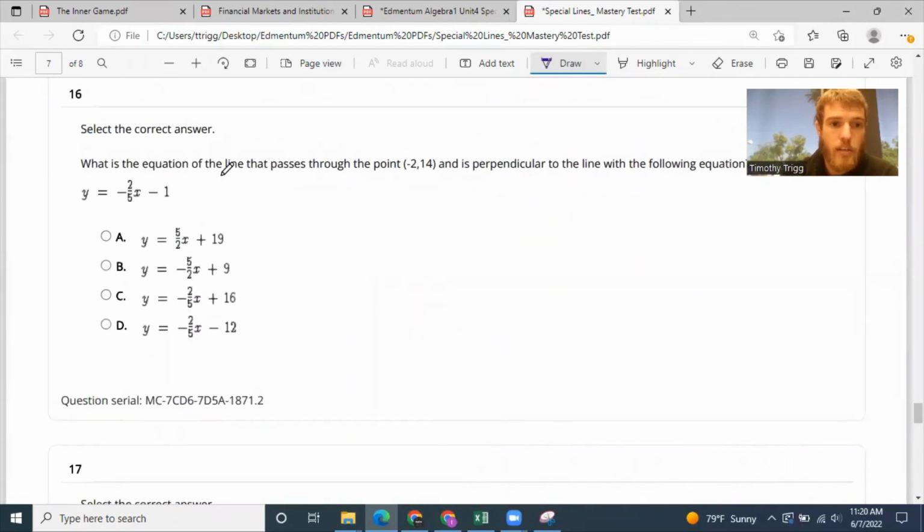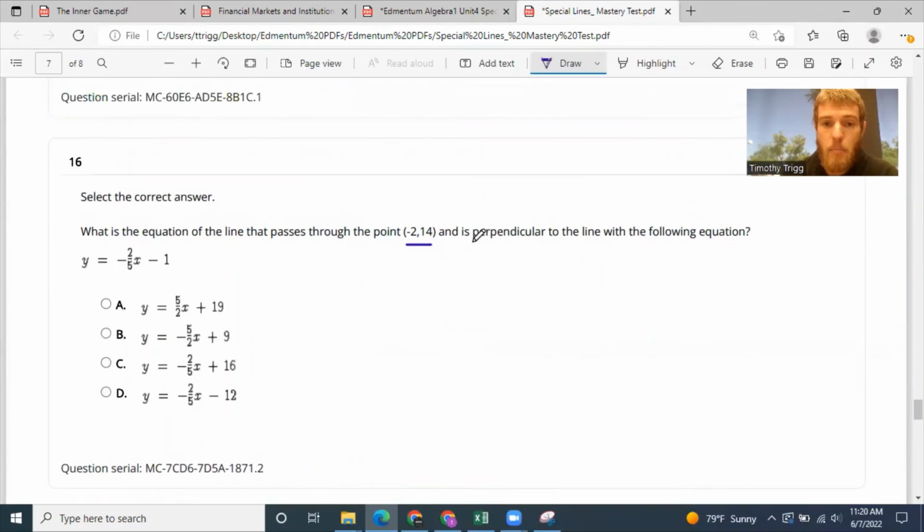What is the equation of the line that passes through the point (-2, 14) and is perpendicular to the following equation? So a perpendicular line, again, opposite reciprocal slope. So our answer should be in the form y equals, now since this is negative in this one, we're going to have a positive slope, and then we want the reciprocal.